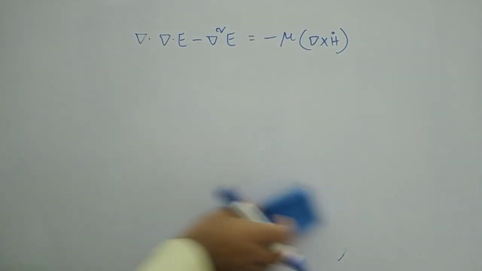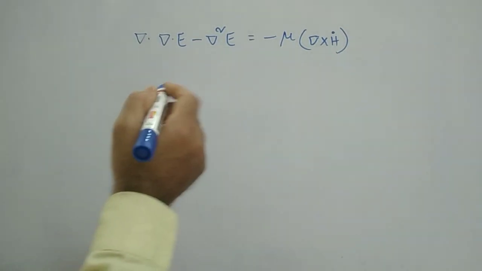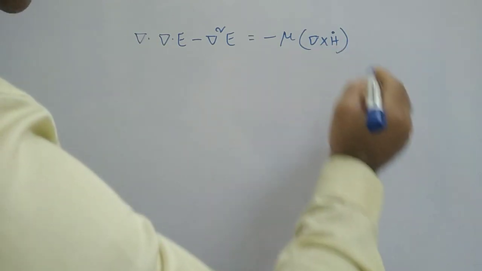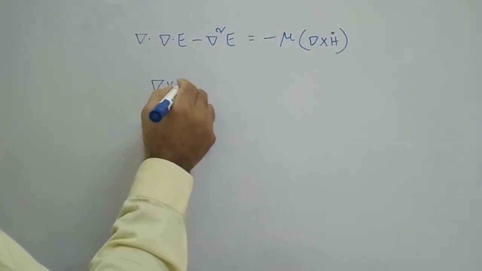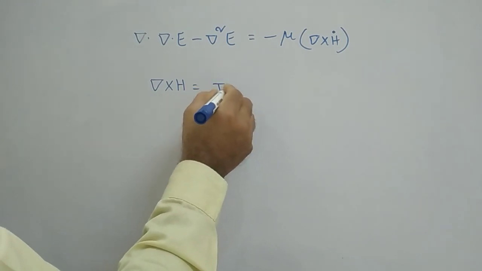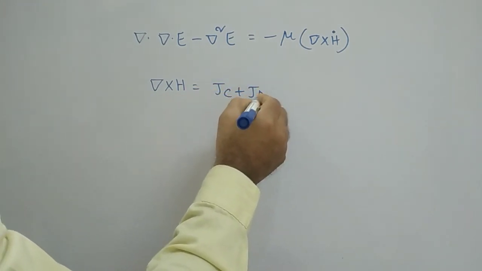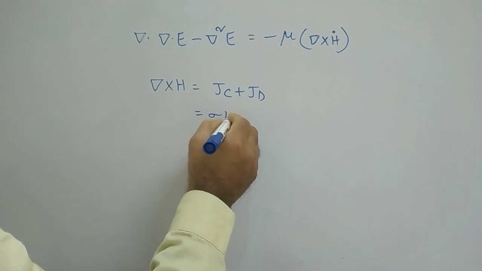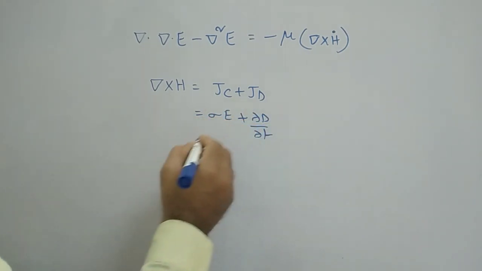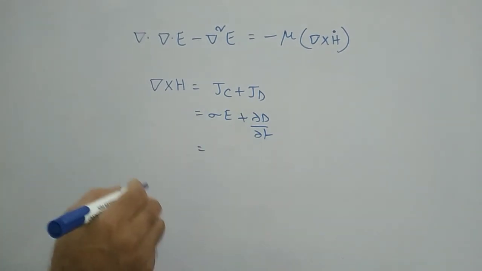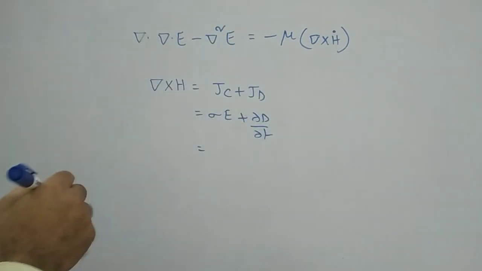So what is del cross H actually? We know that del cross H is equal to JC plus JD, the basic definition, and this is equal to sigma E plus dou D by dou t. Remember that we are doing all these things for free space.